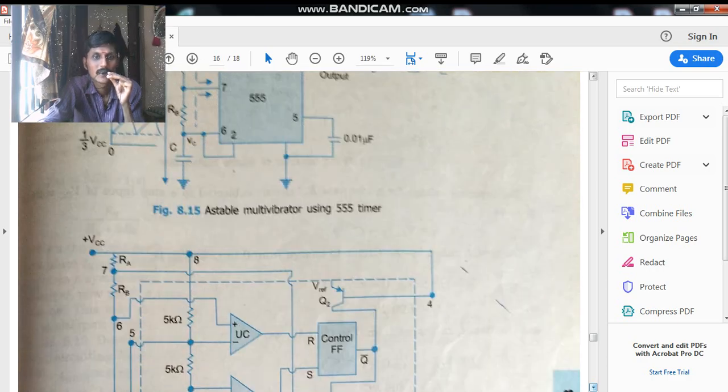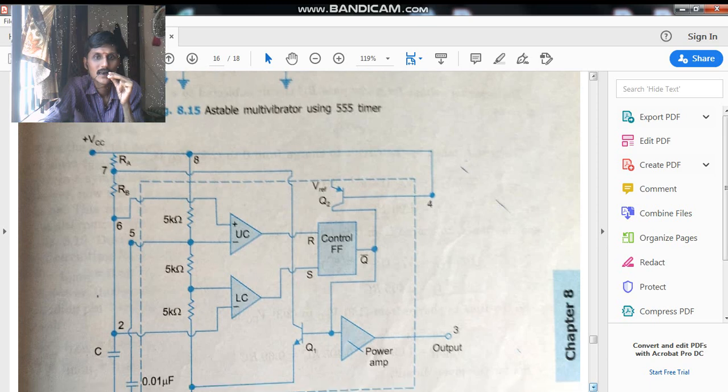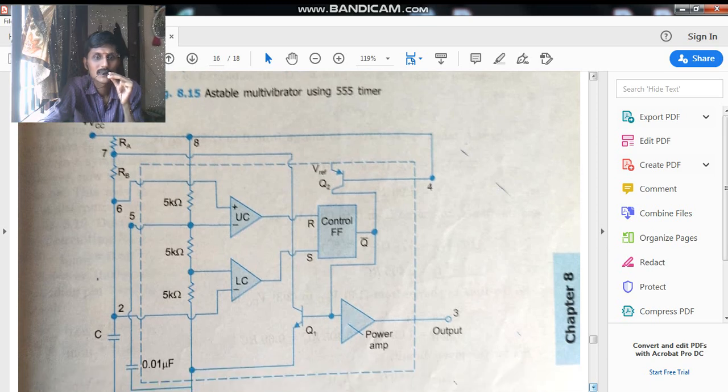In this circuit, it consists of two comparators, a flip-flop, and a power amplifier. When the supply is given, the capacitor will be charging from the lower comparator to the upper comparator level, that is, from 1/3 VCC to 2/3 VCC.